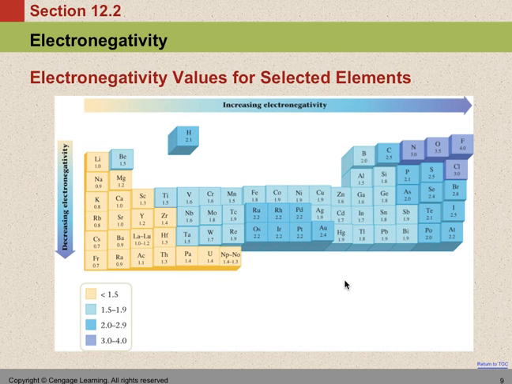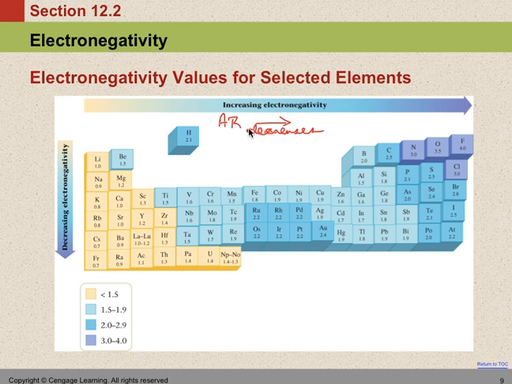So let's talk a little bit more about why the electronegativity increases going across a period. Well, remember, atomic radii increase, right? So atomic radius increases going this way, right? No, it decreases.